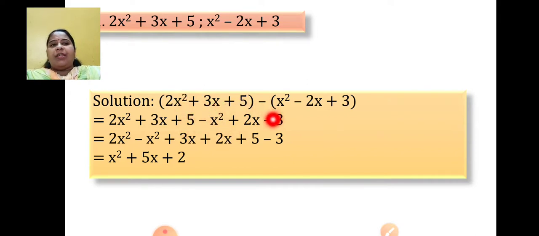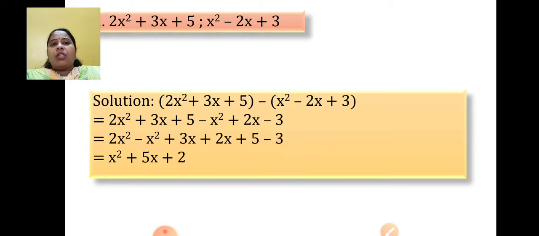Plus 5 and minus 3, even they are written together. They are constant numbers. Okay. So 2x square minus x square is 1x square. Even if you don't write 1, it is understood. So x square. 3x plus 2x, how much? 5x. 5 minus 3 is 2. So the final answer is x square plus 5x plus 2.